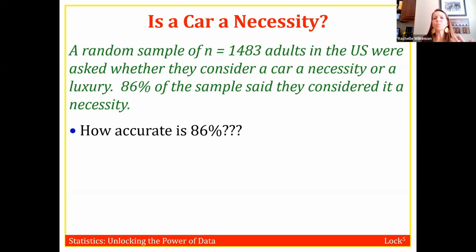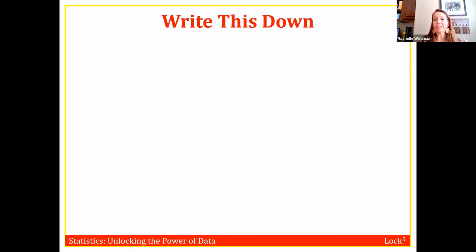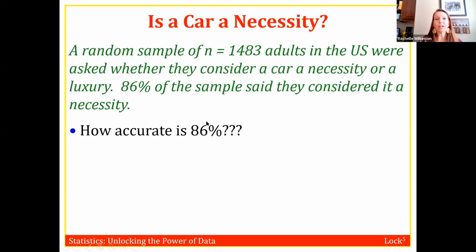So how can we use this 86% to draw some kind of conclusion about the population? The 86%, we call that a point estimate. We mentioned that term last time, point estimate, and we said it's the same as the sample statistic. So the sample statistic is going to be our point estimate. And by point estimate, we mean a single value estimate for the parameter.